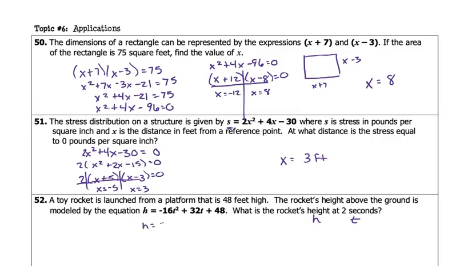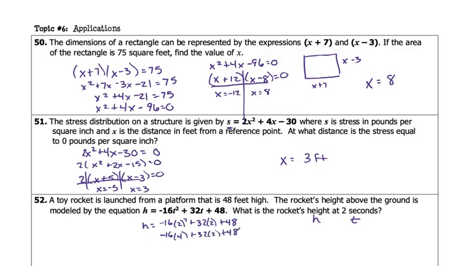So h equals negative 16. Instead of t, I'm going to write 2 squared plus 32 times 2 plus 48. Order of operations is important here. This would be negative 16, 2 squared is times 4 here. Okay, and now we can do some multiplication.